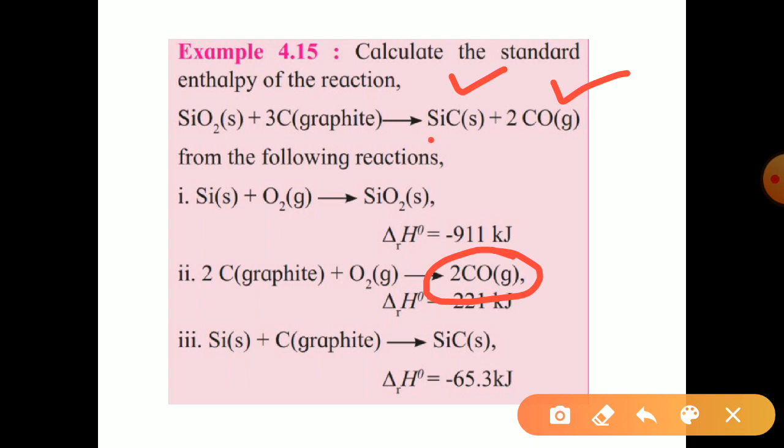Silicon carbide we need on the right hand side, and in the third it is already given on the right hand side. So what I have to do is reverse the first reaction and then add the reversed reaction to the second and third reactions, so that we get this overall reaction.